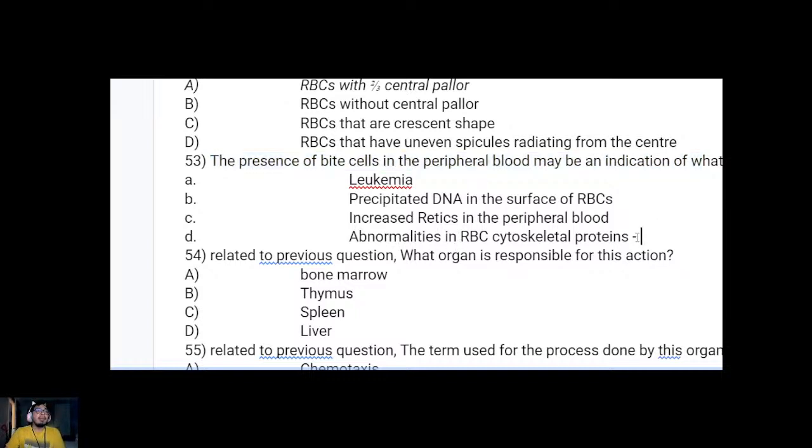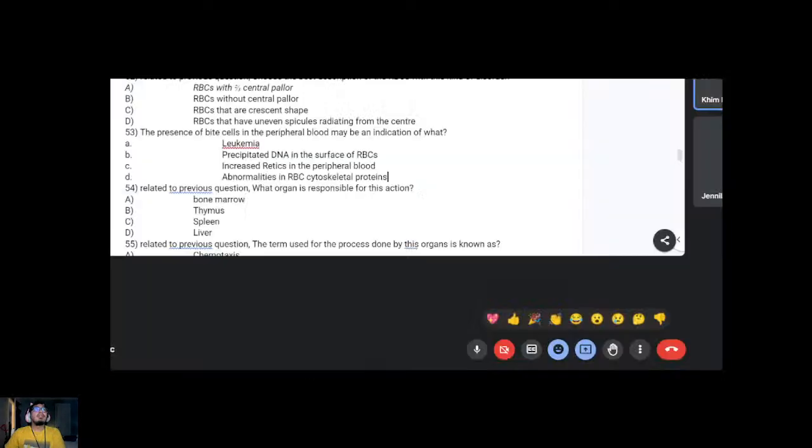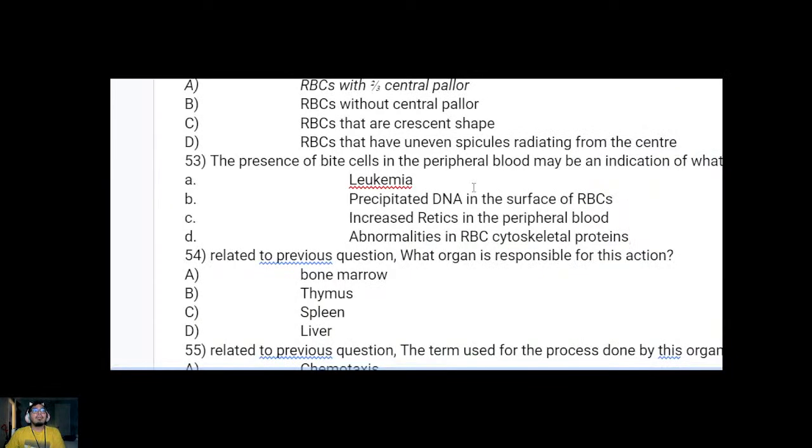Hindi ka nakamute, Sir Marco. Medyo nag-e-echo. Mamaya natin i-dispute. Chill lang kayo. Kasi ako ano din ako eh. Oo. Next week.